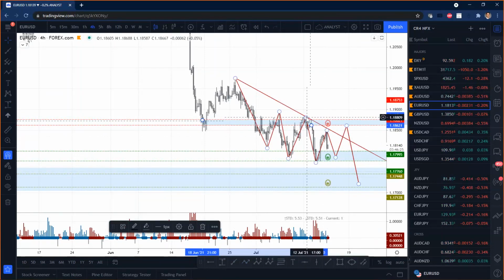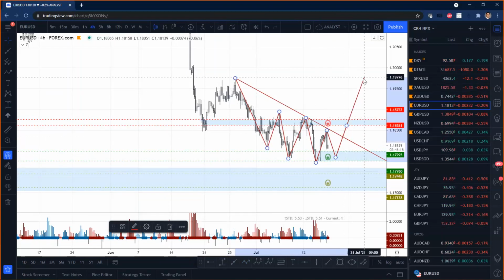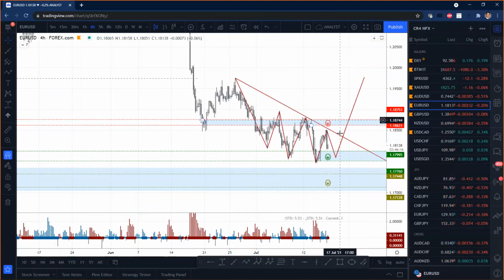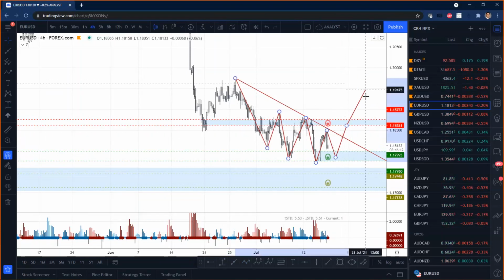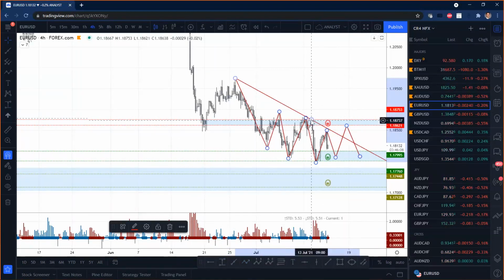This move up could continue up, we could see continued buying up here. That's also possible, but we would need to see these highs get cleared before we see continuation to attempt to reach this 120 area.